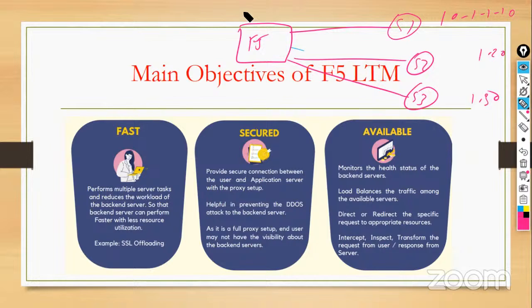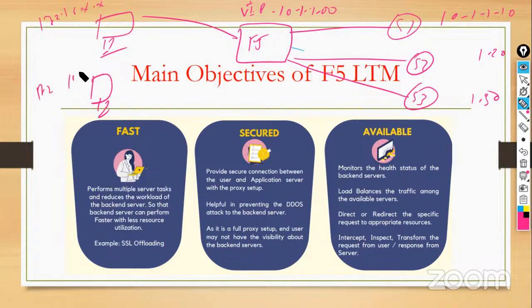Here we configured the VIP with the IP 10.1.1.100. And here you have the user, 172.16.x.x, and a similar user with some 172.16 IP. So this is client two, this is client one.